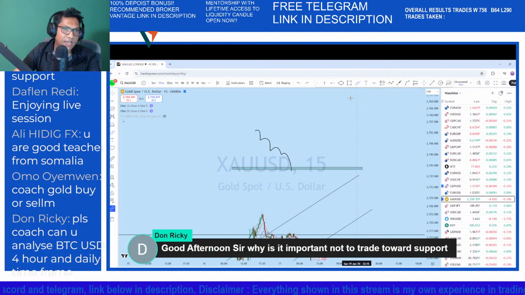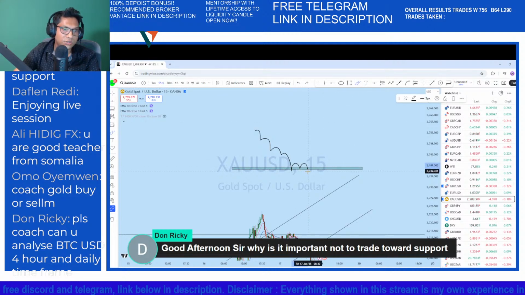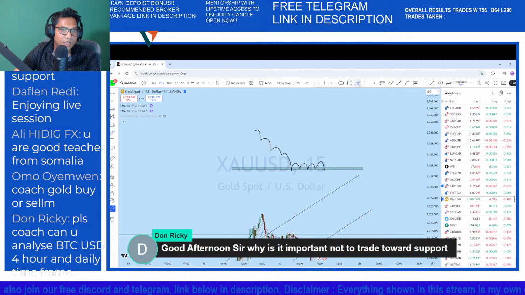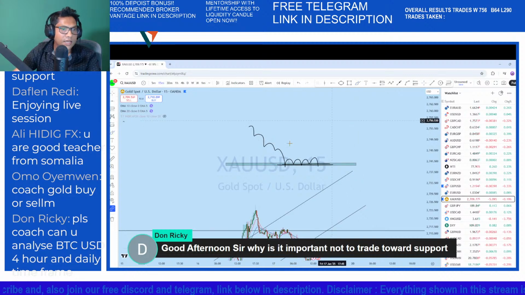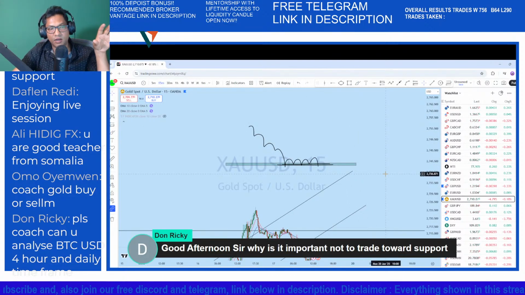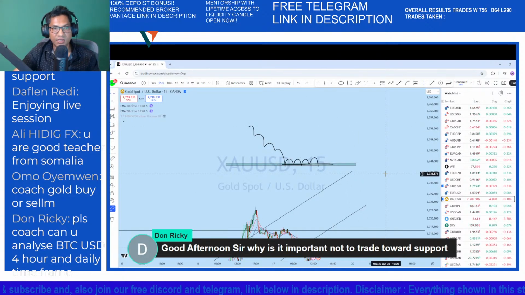When the market is in a trend and at a support, that means there is high liquidity, and in that support zone the price is gathering liquidity.